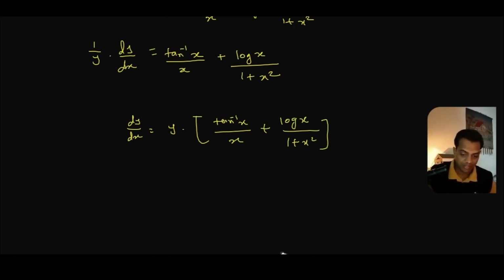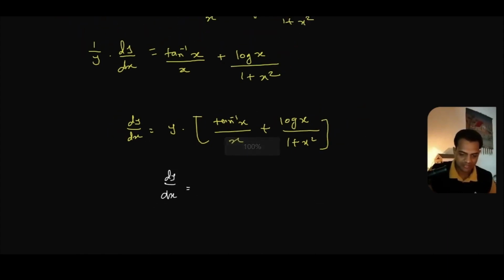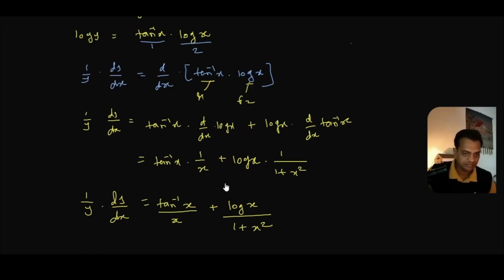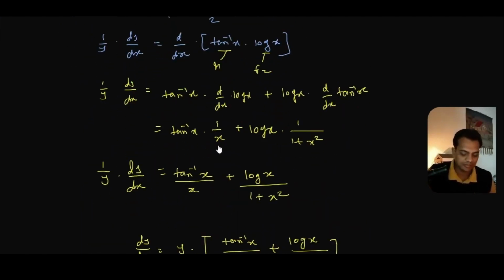So the final output will be dy by dx is equal to y, and y means x raised to tan inverse of x.